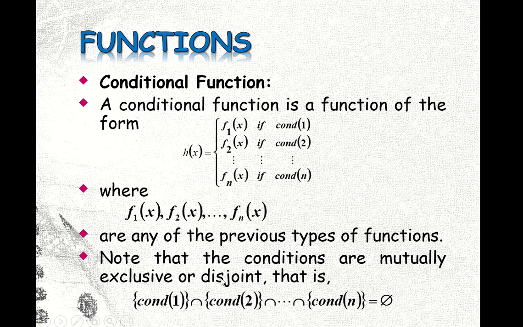So, exclusive or disjoint. That is, the set of condition 1 intersect with condition 2, and so on, intersect with condition n, equals the empty set.